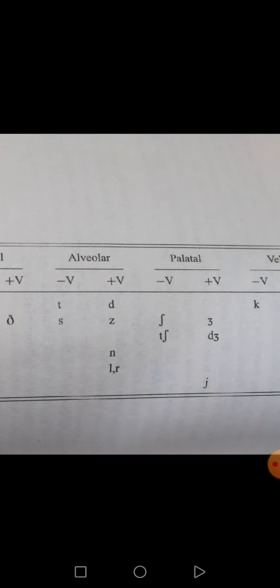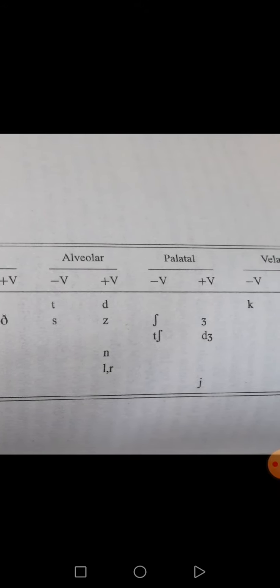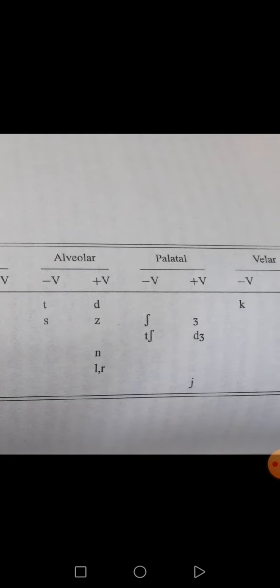Okay, right. After that, we go to the palatal. We mean the hard palate. Here we have 5 consonant sounds. They are sh, ch and j, and the ye. 5 consonant sounds.